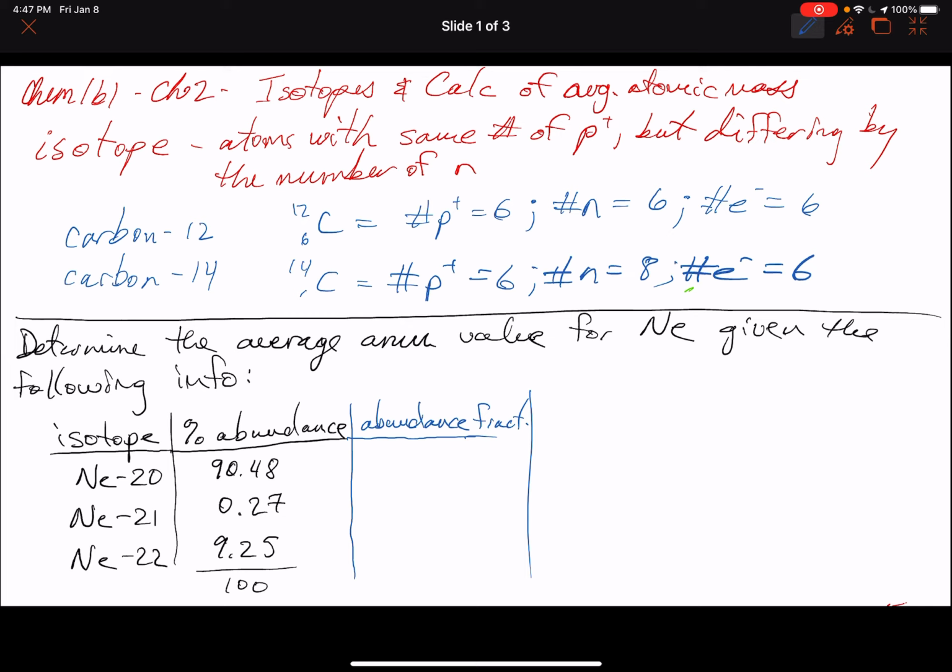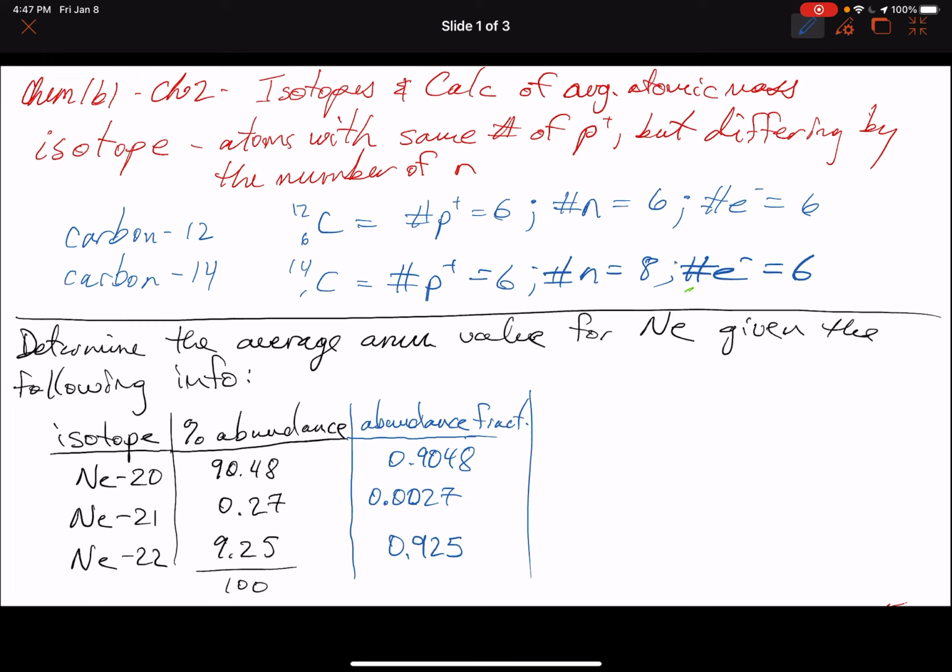Okay, so here you can see quickly we're simply going to divide by 100 from the second column to get the values in the third column. 0.9048, 0.27, and 0.2, add 2 zeros on that, 0.0027, and 0.925. Okay, so that wouldn't be provided. That's part of our solution.